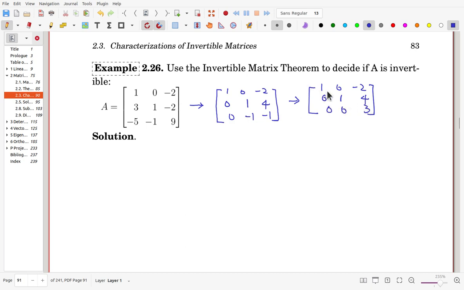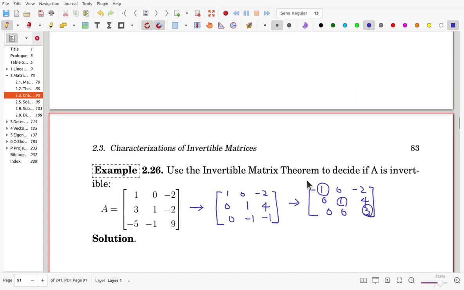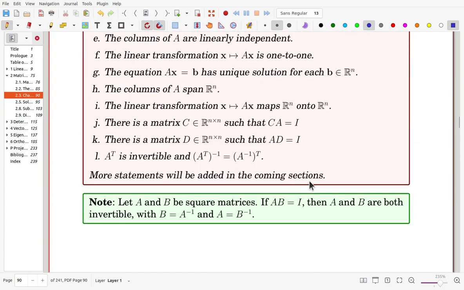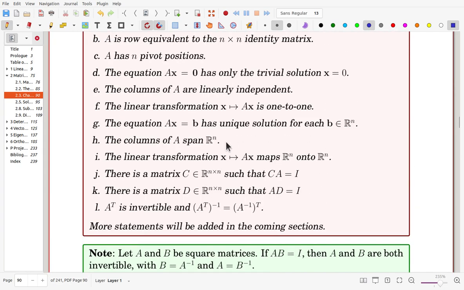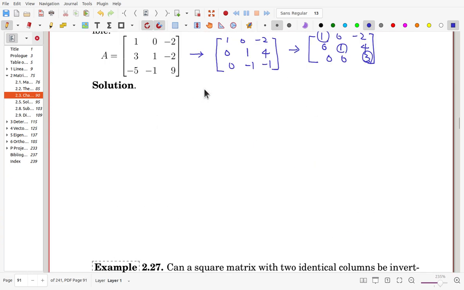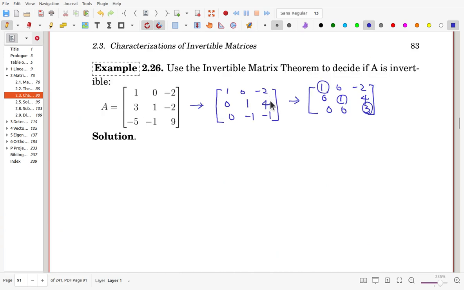So we have now 3 pivots, so it is invertible. That is exactly this statement: A has n pivot positions. Now n is 3, so it is satisfied. So it is invertible.